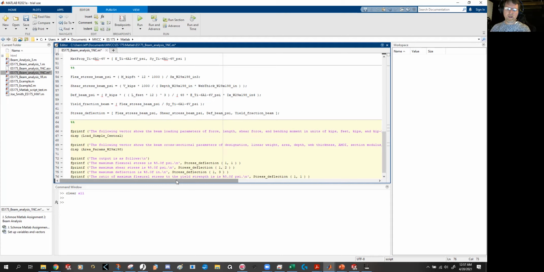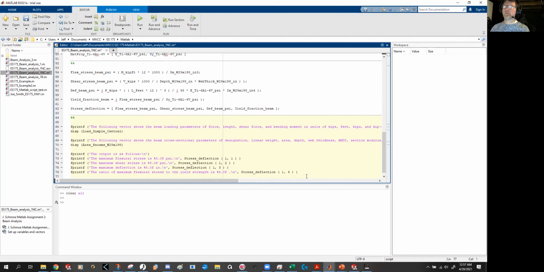We don't have any units on that, so we don't want PSI here. Let's give it a little space there, and we're going to want stress deflection 1, 4. So that's our yield fraction on the beam. There it is. Okay, so that should pretty much cover it.